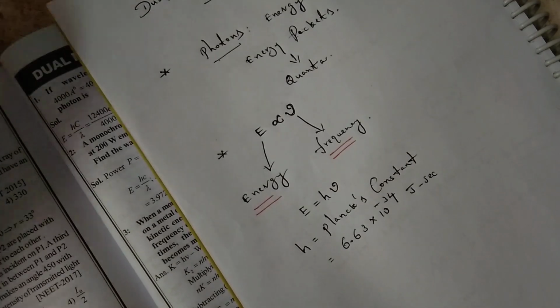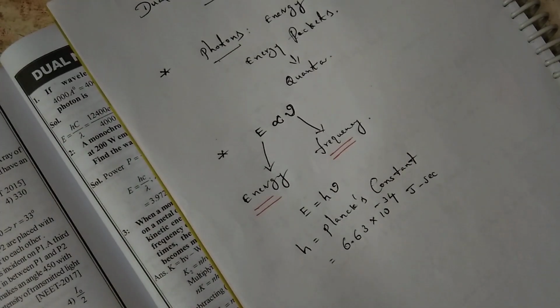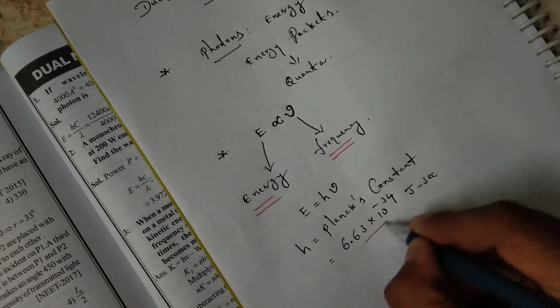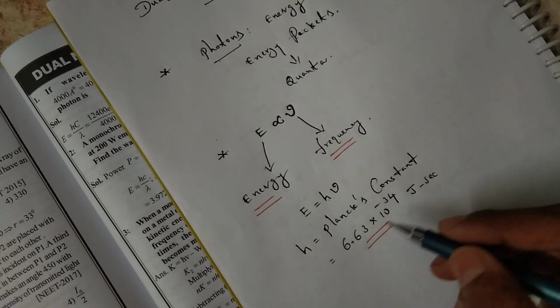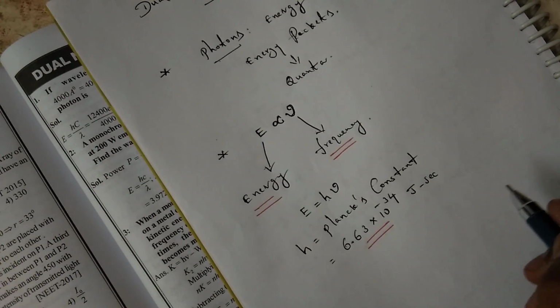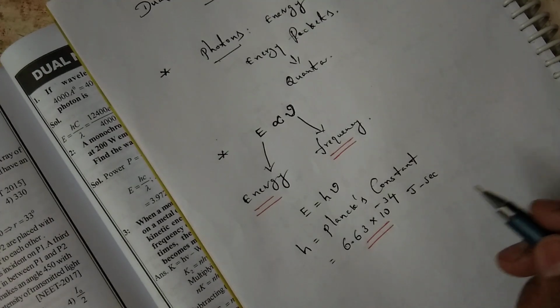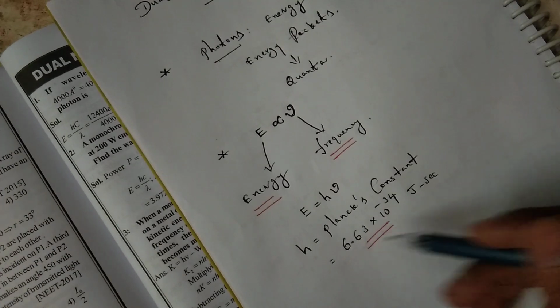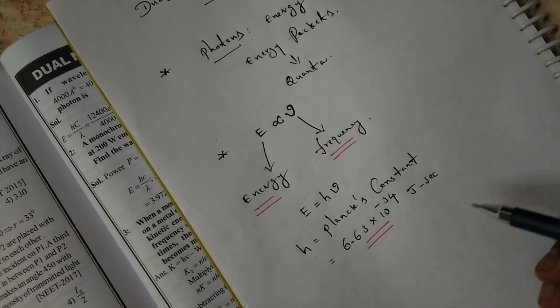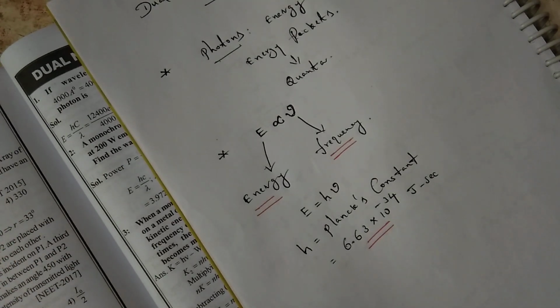In the problem this value is usually given in brackets. So don't worry about that. Otherwise you can easily remember this constant as 6.63 into 10 power minus 34.